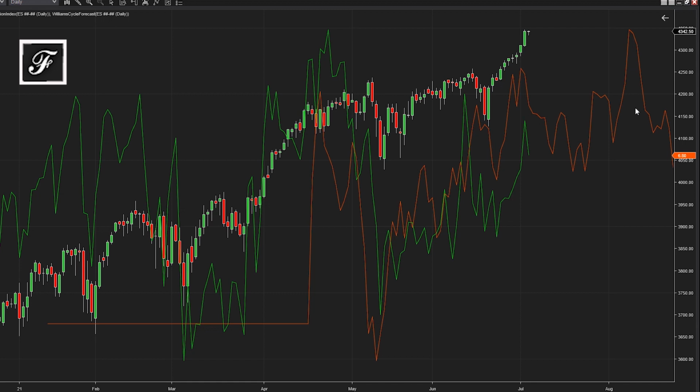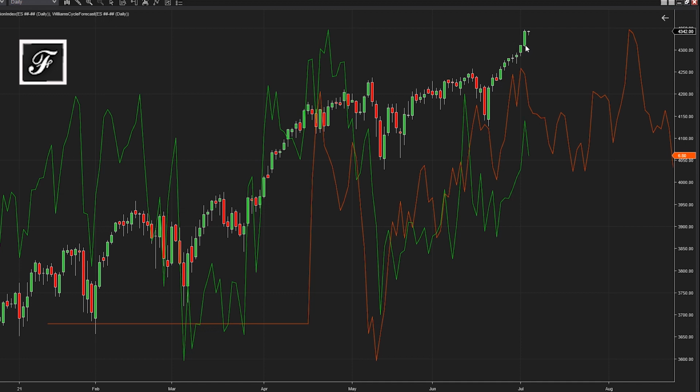What we are talking about here is just a normal pullback, and I don't think it will even be a deep one. Maybe we will see a retest of this massive resistance, which is around 42.50, and likely it will offer some support.